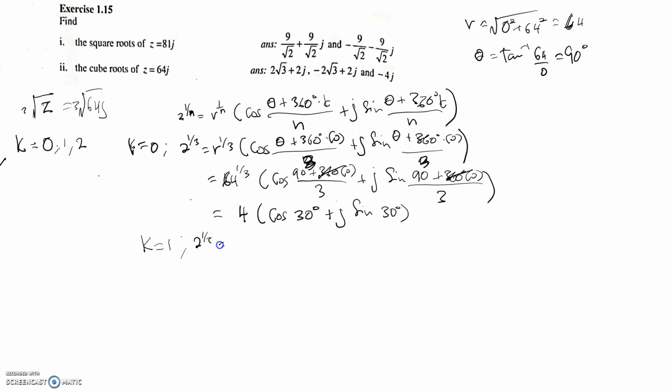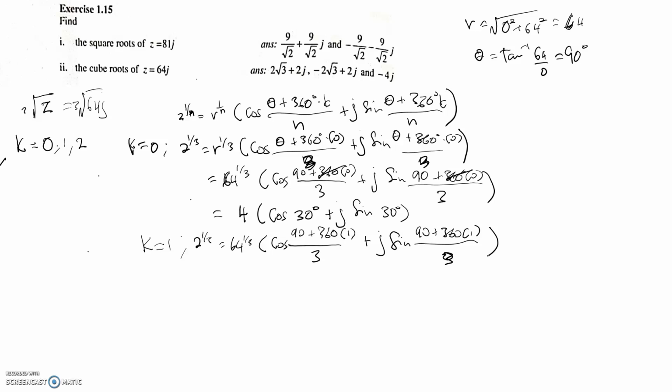Again, 64 to the power 1 over 3, cos of 90 plus 360 times, now instead of 0, it is 1, over 3, plus j sine of 90 plus 360 times 1 over 3.